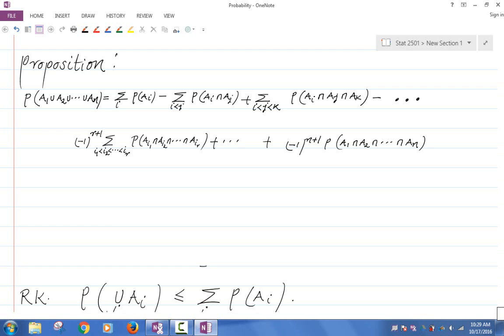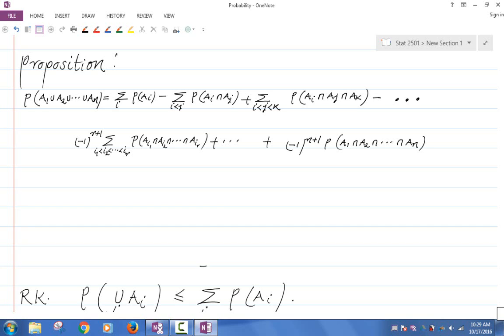One-way intersection means you have the probabilities of the individual events, and then you subtract the probabilities of two-way intersections, then you add the probabilities of three-way intersections, then you subtract the probabilities of four-way intersections, and you keep doing that until you get to the last term, which would be the probability of the intersection of all the given events, A1 up to An.